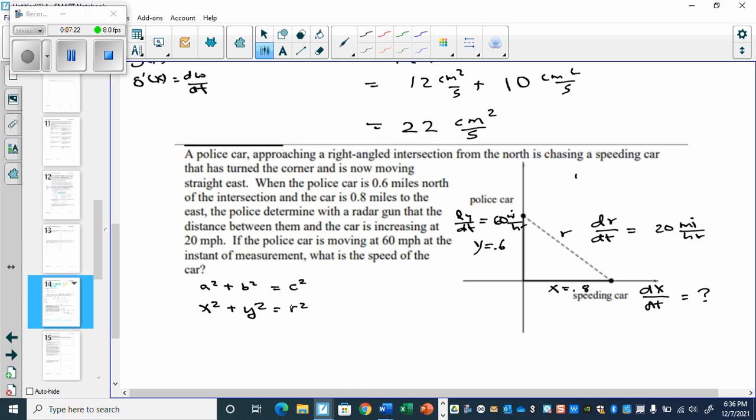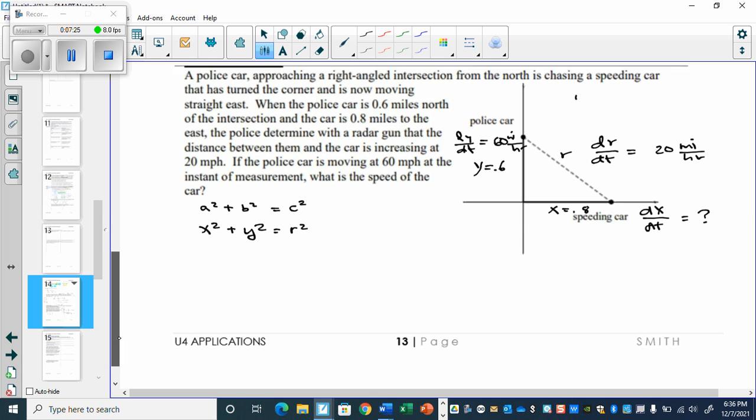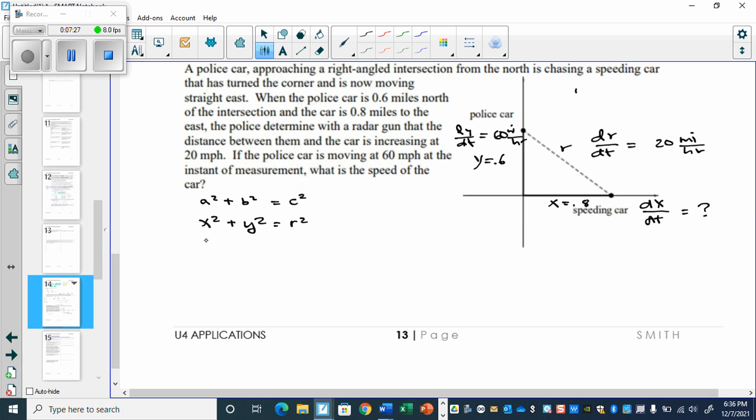You can use these variables, but it just depends on what you want to do. So I have 0.6 squared plus 0.8 squared equals r squared, right? So that's 0.36 plus 0.64 equals 1. So r equals 1.